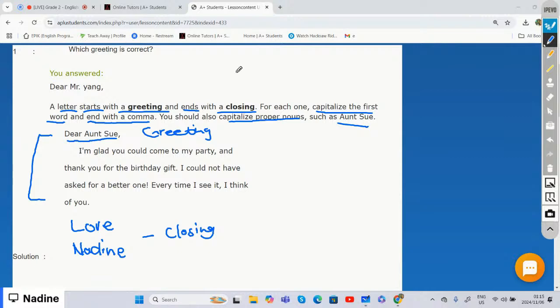Once again, we see that this is letters. When it comes to letters, our letter starts with a greeting and it ends with a closing. For both the greeting as well as the closing, we need to capitalize the first word and it needs to end with a comma.